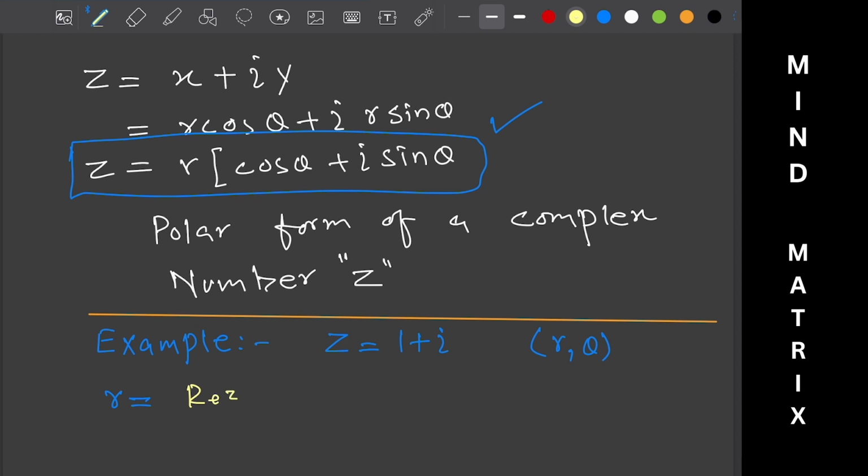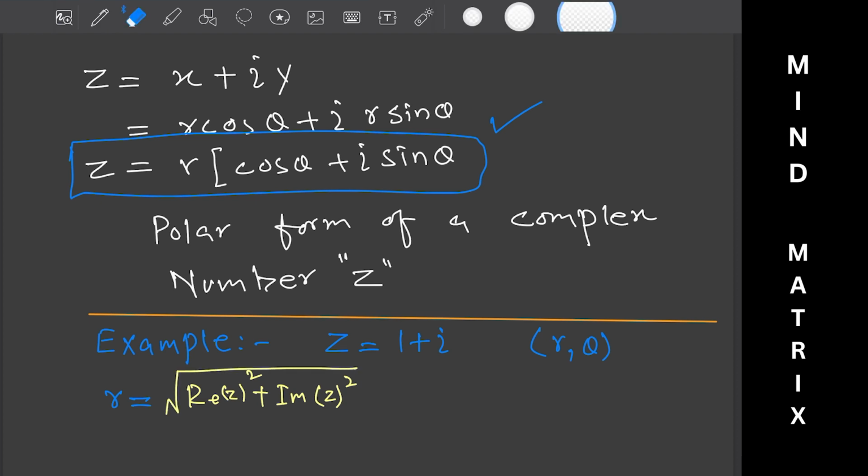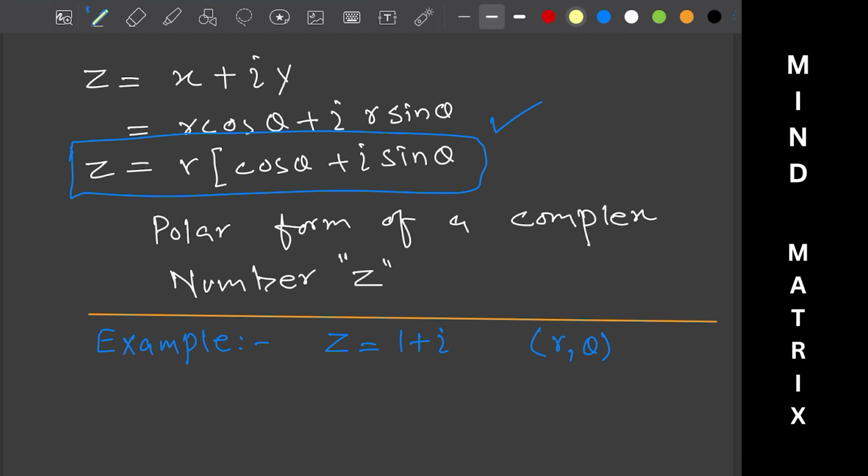Real part of z squared plus imaginary part of z squared, whole under the root. So put the values in this formula. So we will have r equals, what's the real part? Here 1, and what's the imaginary part? 1. So 1 squared plus 1 squared, whole under the root. So we will have root 2. This is the value of r. Let me write it here. r equals root 2.